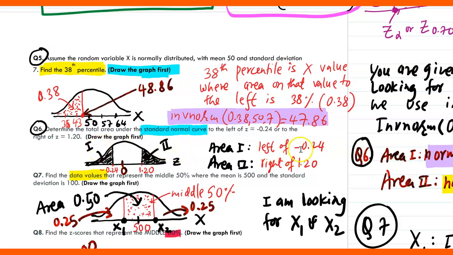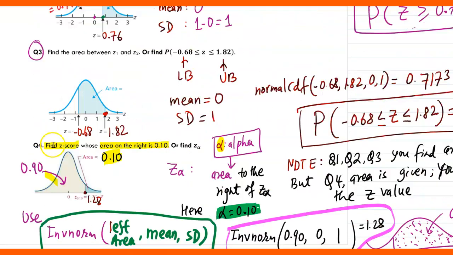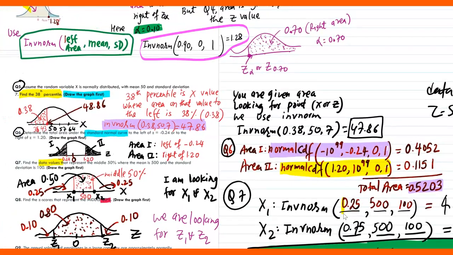Area I is going to be left of negative 0.24, that's called the left area. Area II is the right area, right of 1.20. And you know how to find the left area and right area from questions number 1 and 2. You do exactly the same thing. And what you need are the upper bound, lower bound, and mean and standard deviation. Obviously, because of the z line here, mean is 0, standard deviation is 1.